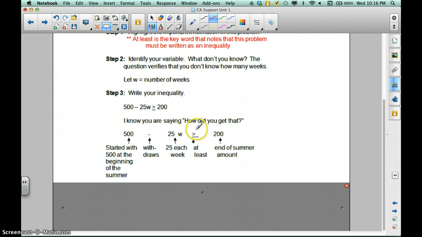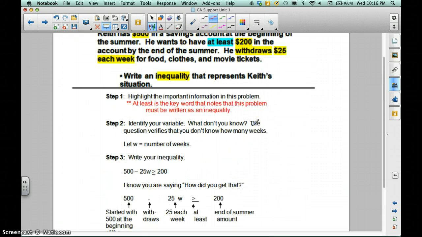The at least told us to do greater than or equal to because we want more than 200. And so we need this total to be greater than or equal to 200. The 200 goes on this side of the inequality symbol because this is what he has at the end of the summer.